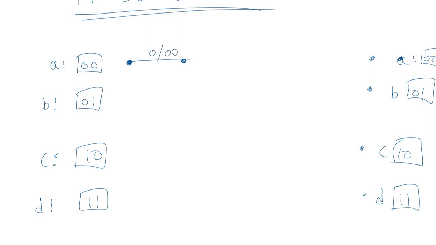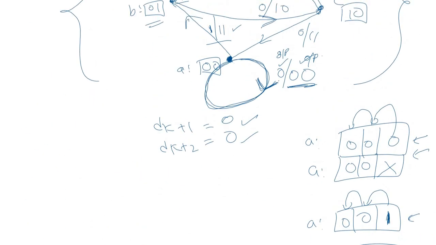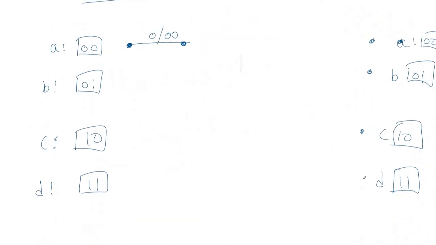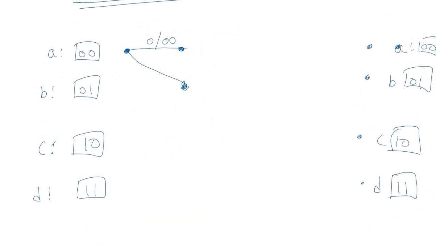When the input is 1, we are at state A and it transitions to state B and the output is 1, 1.